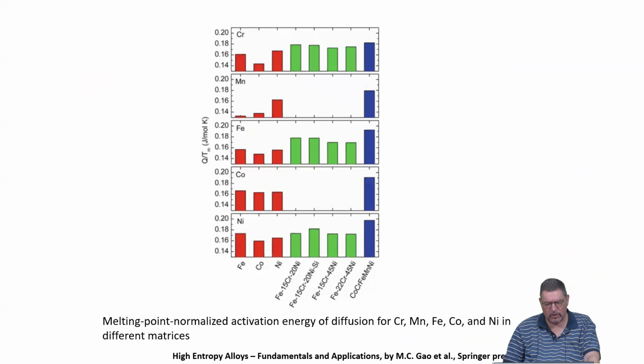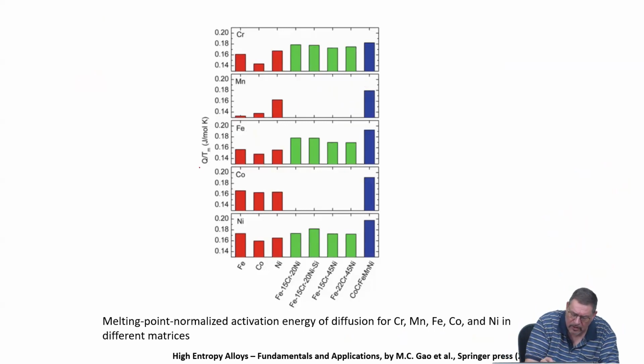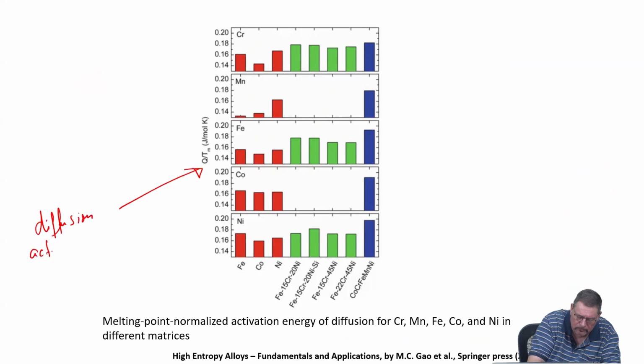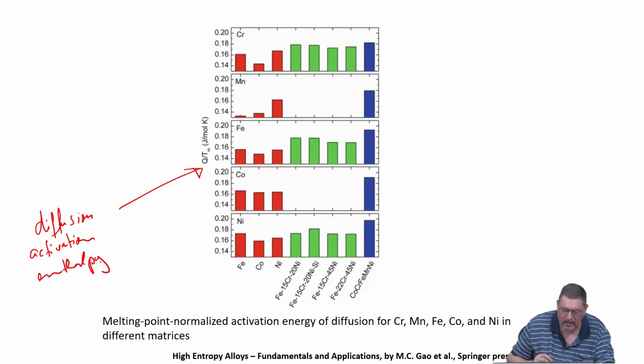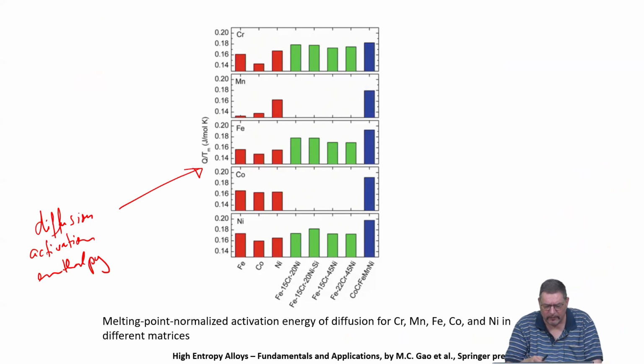They also have shown here a plot, which is the diffusion activation enthalpy, which they name Q. And it's normalized by the melting temperature. And it's plotted for the diffusion of these elements in the different matrices, right?